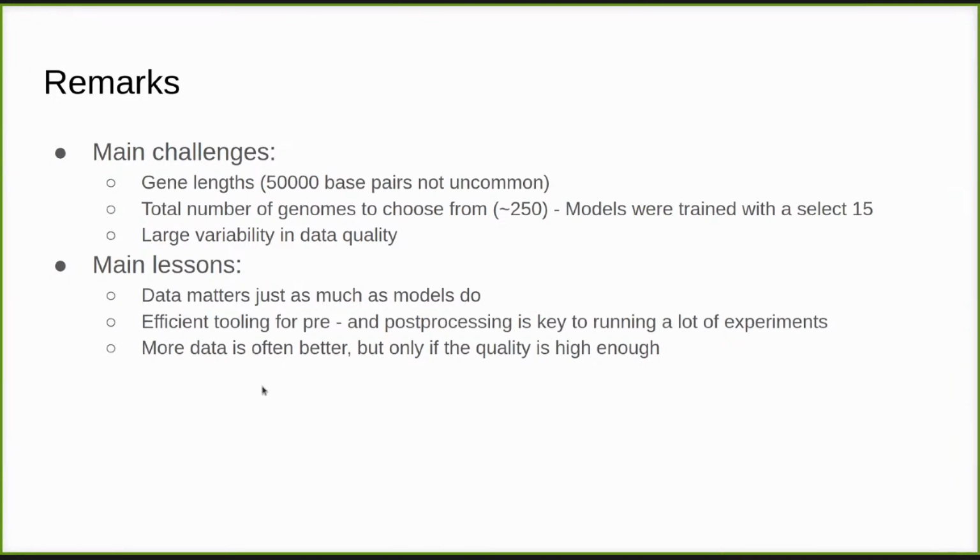And more data is great, but if the data is not good, it's not great. So in the end, you want to generalize, and for that you need a clear signal. And so it's a trade-off between quality and quantity that is not obvious. So, yeah, that's it.